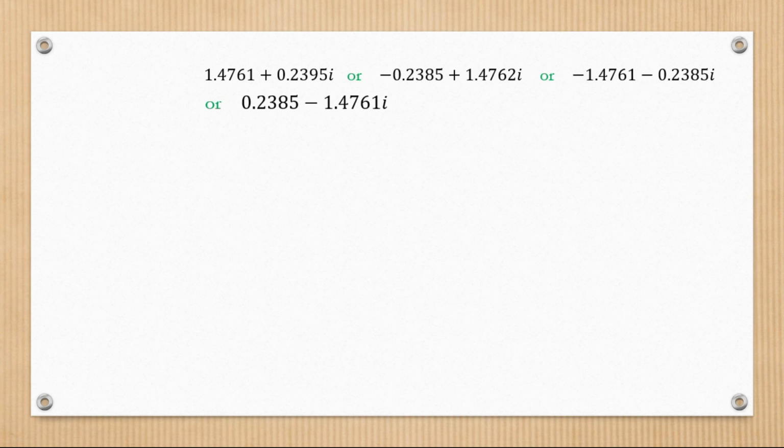So therefore, the 4th roots of 4 plus 3i are 1.4761 plus 0.2395i, or negative 0.2385 plus 1.4762i, or negative 1.4761 minus 0.2385i, or 0.2385 minus 1.4761i. So obviously the 4th root of a number generally must have 4 different answers.